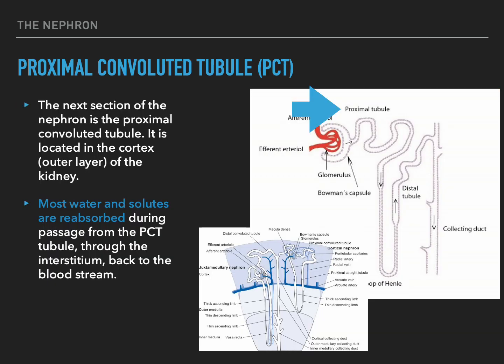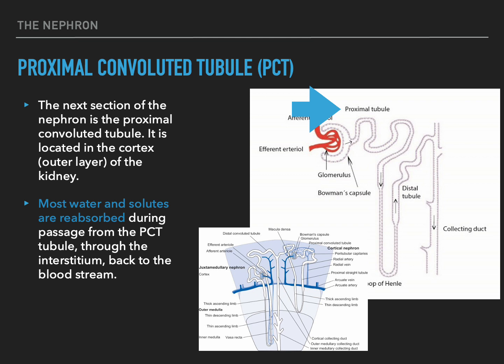The urine that's been filtered from the glomerulus now passes on to the second structure in the nephron called the proximal convoluted tubule. As you remember, the nephron traverses both the cortex and medulla, but the proximal convoluted tubule specifically lies in the cortex layer.